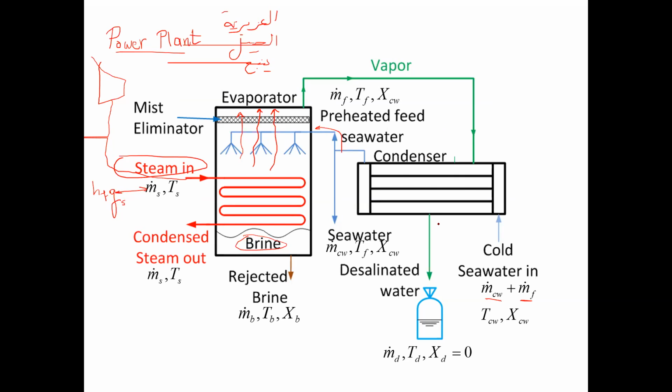So it's a condenser, and meanwhile, it is a feed preheater, because it is here to recover some of the energy and preheat the seawater before it is fed into the evaporator. So this is basically the system that we have to operate here.